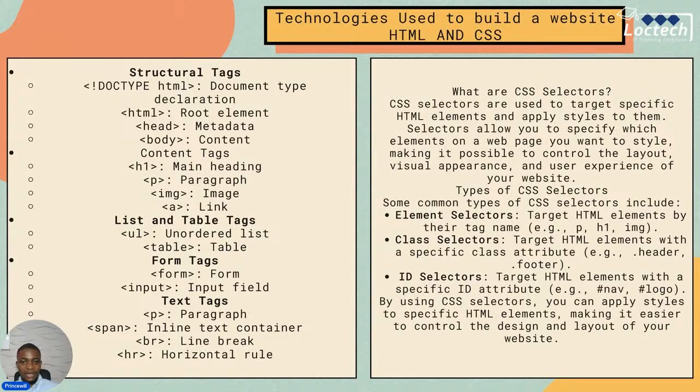The element selector targets the HTML element by its tag name, right? Examples would be the P tag, the H1 tag, the image tag, and other different types of tags. Now we also have the class selector, which targets the HTML element with a specific class attribute.